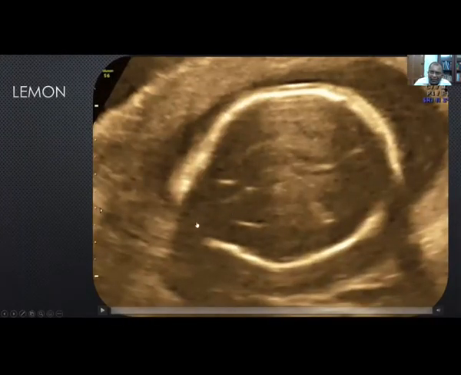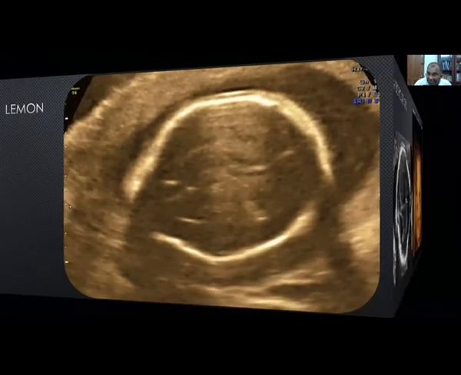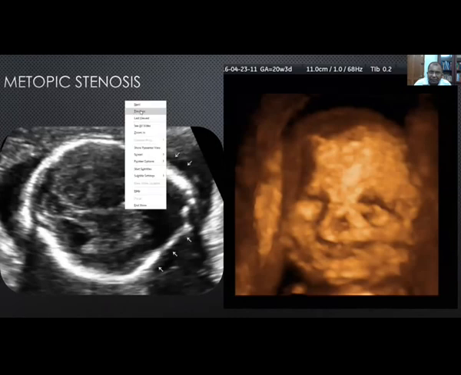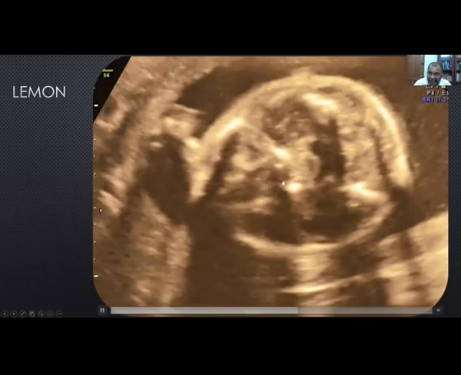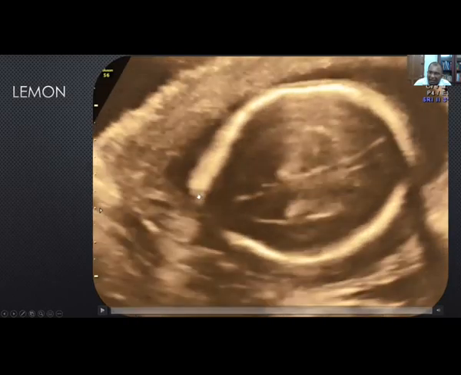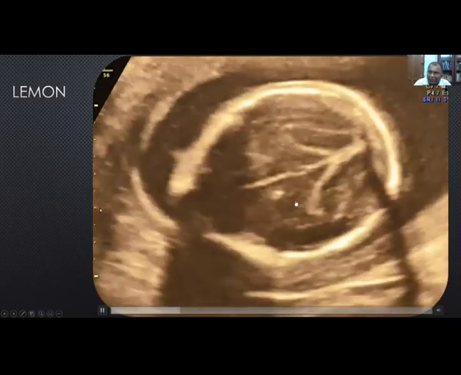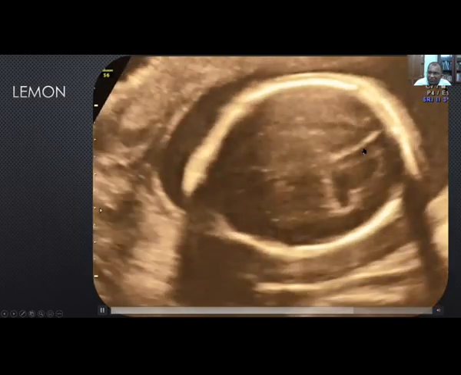Now, the calvarium can appear lemon-shaped. A small portion of them can be normal variants, but when you see a lemon shape, you need to go and check the posterior fossa.